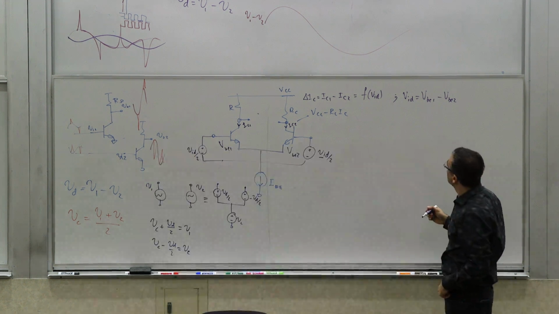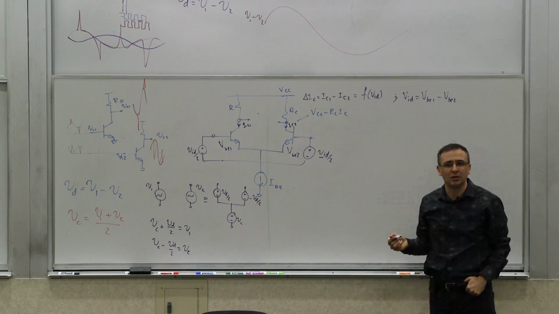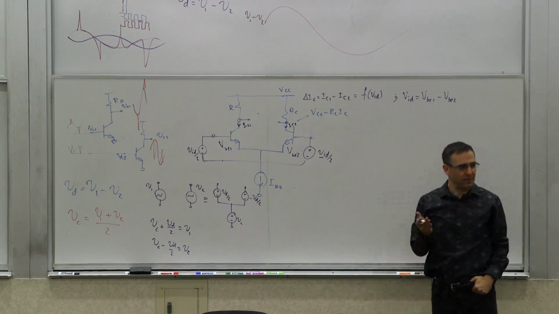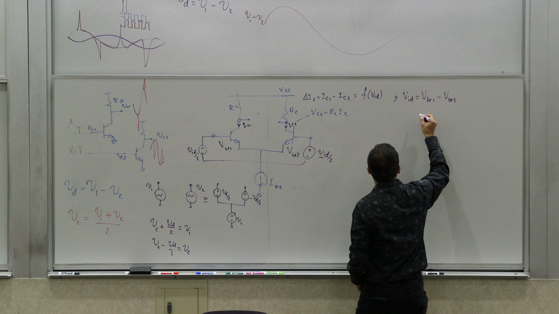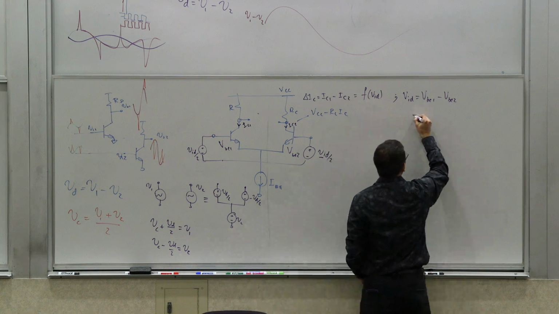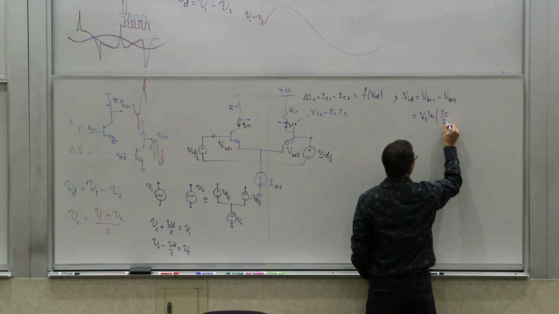But what do I know about VBE1 and VBE2? How are they related to IC1 and IC2? Well, the exponential transistor behavior, the relationship between IC and VBE. So isn't it true that VBE1 is VT natural log of IC over IS?